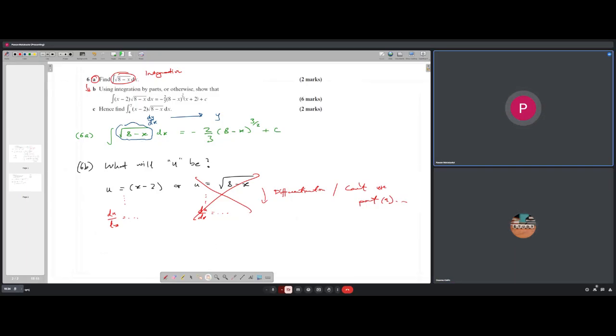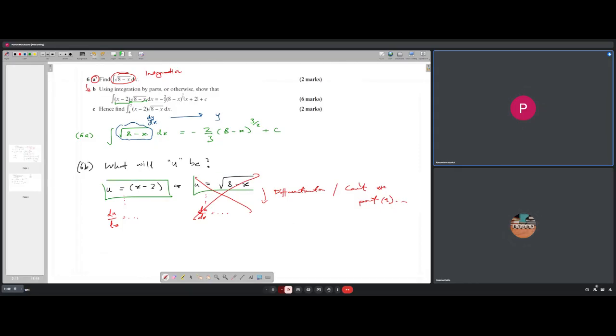In part A, you're integrating this expression, square root of 8 minus x. So you're asking yourself, your two functions are x minus 2 and root 8 minus x. That looks familiar. But then, do I want to differentiate this expression when doing parts or integrate it? That depends on which one you set to be u or v.